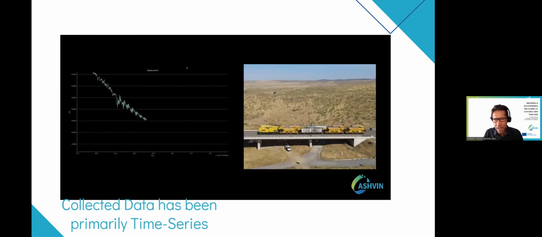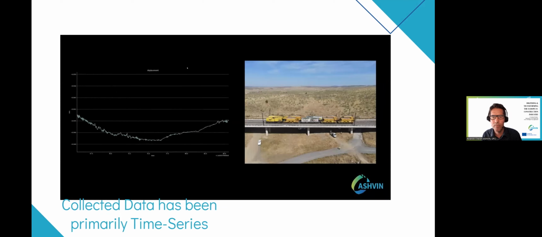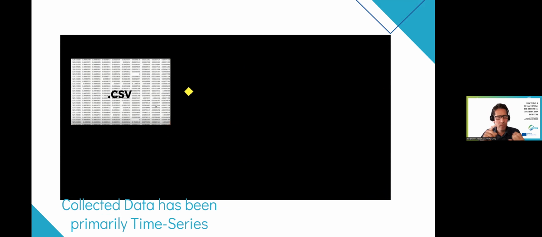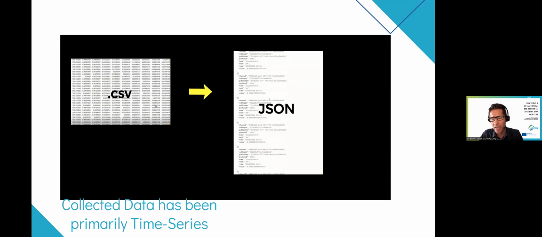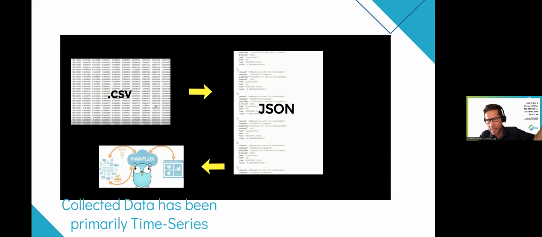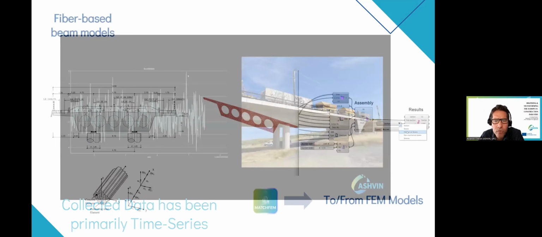Information was primarily time series, primarily with sensors. Those were the sources of information, with strains, with deflections, and with accelerations. Okay, that was then sent to the IoT platform.